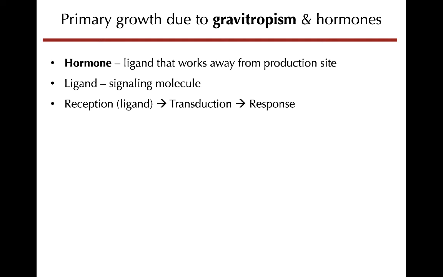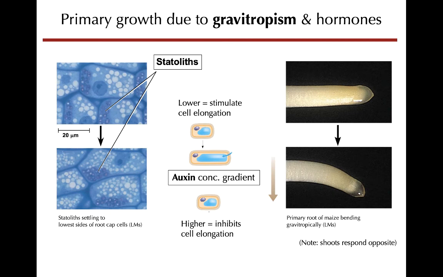Remember, the ligand is the signaling molecule, and then just recall with signaling, the ligand binds the receptor, and that's reception. Then there's a bunch of molecular steps that happen in between called transduction, and then something in the end happens, we call it a cellular response.